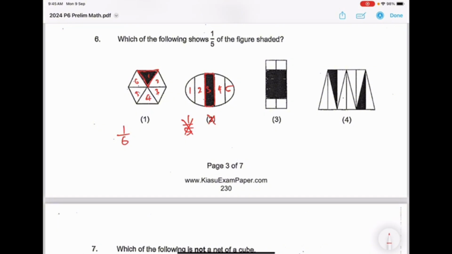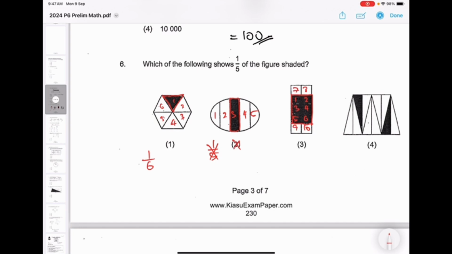Alright, moving right on to option number 3. I can see that I have 1, 2, 3, 4, 5, 6 shaded parts. And I have a total of 7, 8, 9, 10. So the fraction that is shaded is definitely 6 over 10, which is equals to 3 over 5. And this is not my answer as well.